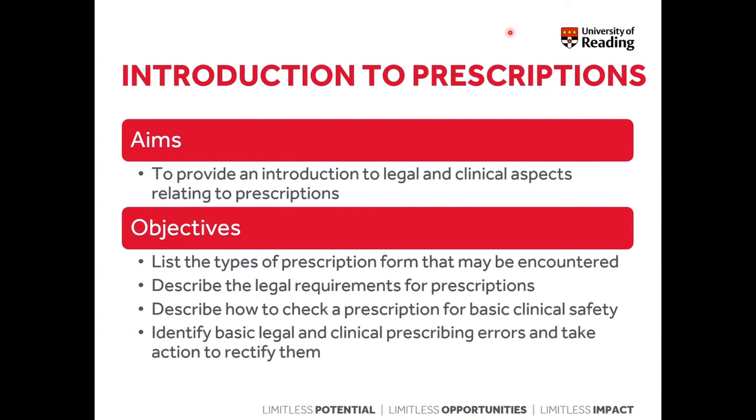We've covered quite a lot in the last hour and a half: the types of prescriptions that you might encounter, the legal requirements for a prescription, how to check for basic clinical safety and clinical errors, and then if you do have those prescribing errors, whether legal or clinical, how do you solve those?